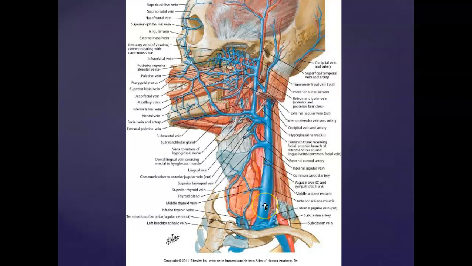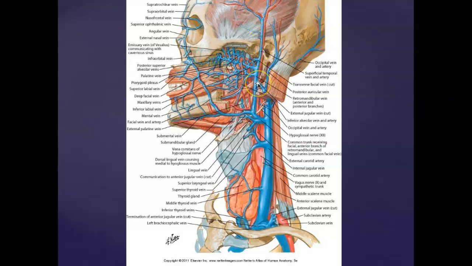Let's talk about the external jugular for a second. It's going to be here, and it's cut, so you can see where it would be, over the top of the sternocleidomastoid muscle. Here's the external jugular, and then it would drain down into here. The external jugular is going to drain some of the retromandibular vein coming down here.